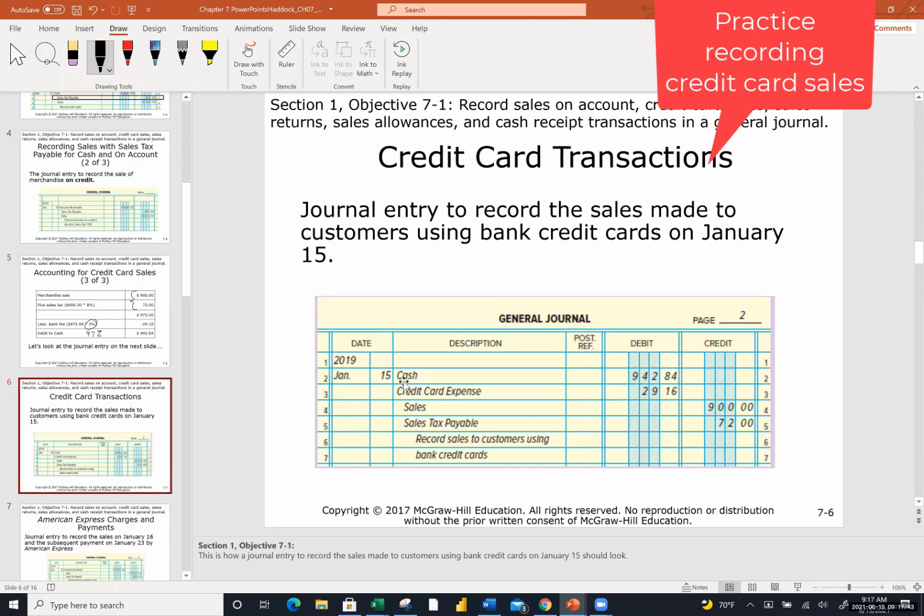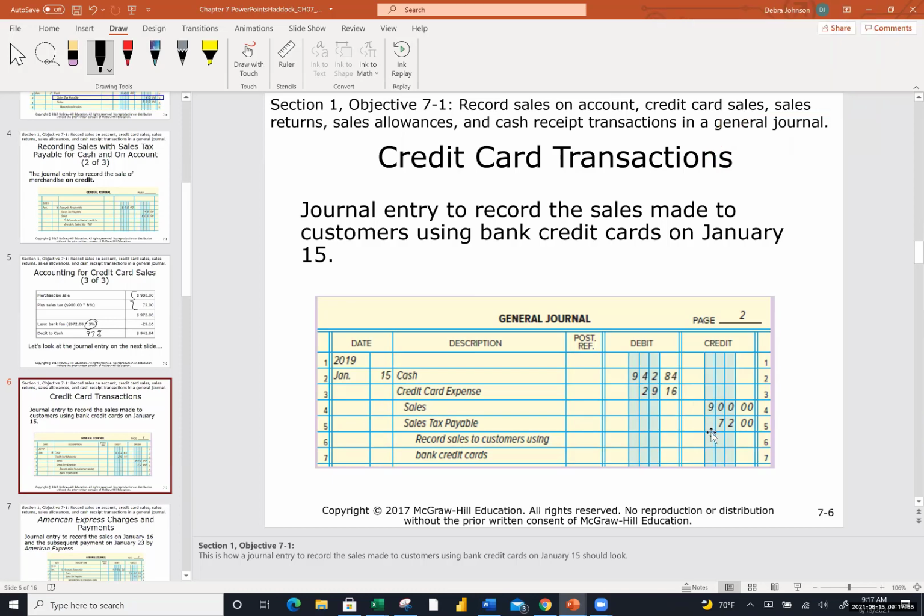Here's the debit to cash. Here's the debit to the credit card expense. The sales account, which records the revenue, and the sales tax payable are recorded the same way. The sales and the sales tax payable don't change, and I hope you noticed that in the lecture. What changes is how the debit is accounted for. On a cash sale, it was just a straight up debit to cash.